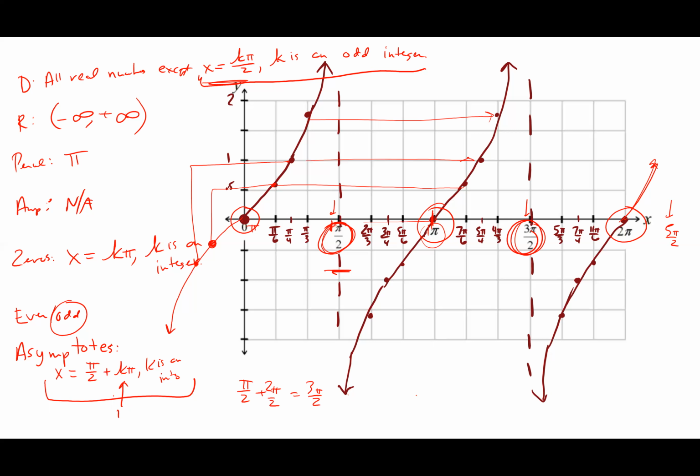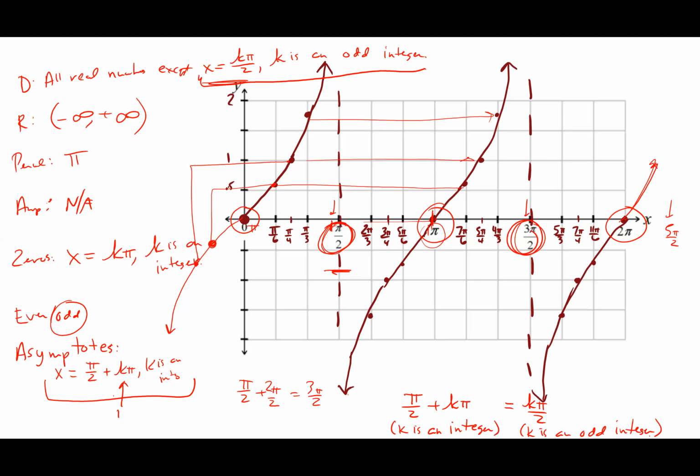So pi over 2 plus k pi, and then underneath it, just put k is an integer. That is the same thing as saying k pi divided by 2, and underneath it, just write k is an odd integer.